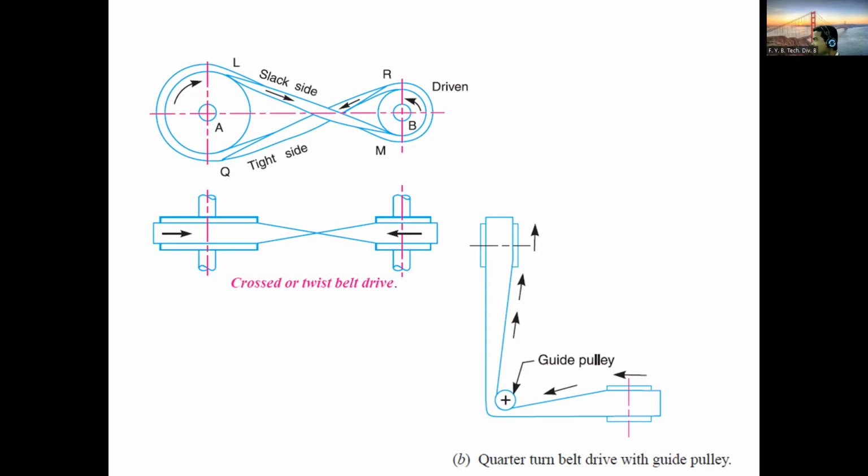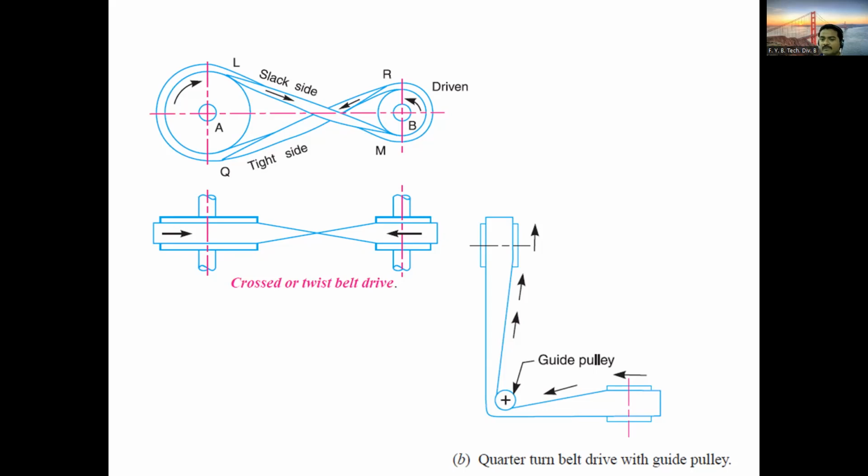And your next question may be, where will maximum amount of power transmission happen? You will say cross. How come? We can justify as angle of lap or angle of contact is more in case of cross belt than that of the open belt. So this should be your answer.